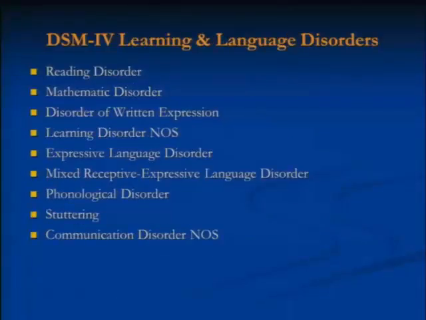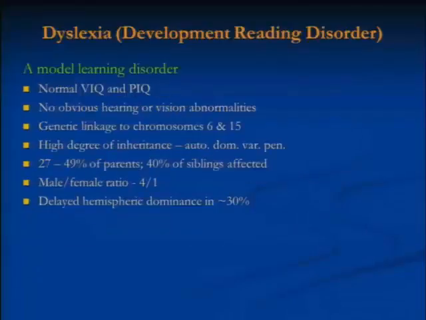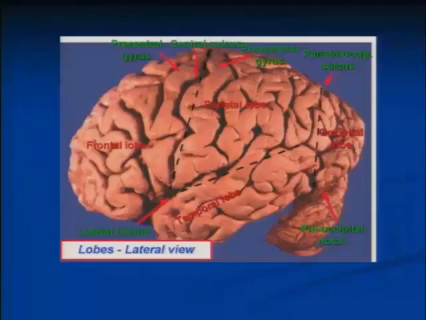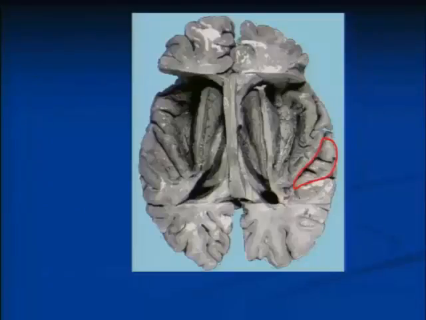Here's what we have in the DSM-4. I don't really care what the DSM-5 has to say. Dyslexia is a good model. They'll have normal verbal IQ, normal performance IQ, no obvious impairments. There's a genetic inheritance. But when you look at their temporal lobes, I'm going to skip this and look at their temporal lobes and show you, here's one side versus the other.